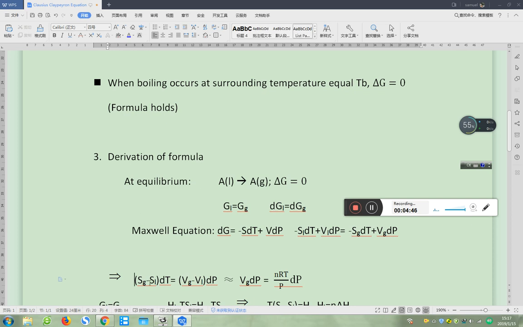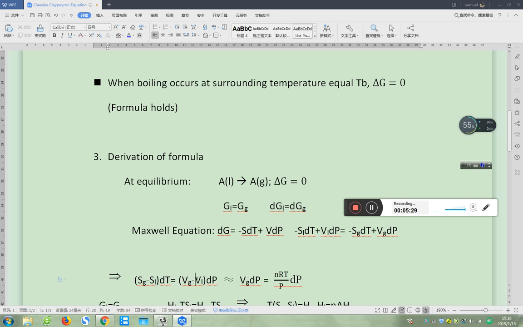Now if we process this equation, we get the entropy of the gas minus the entropy of the liquid, multiplied by dT, equals the volume of the gas minus the volume of the liquid, multiplied by dP. Now we have to assume ideal gas behavior for the gas phase. We know the intermolecular distance of the gas phase should be much bigger than that of the liquid.